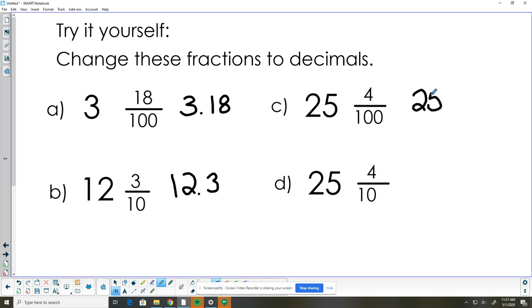Hundredths, I need 2 place values. 25 and 4 tenths. I have tenths. It's in the first place value. Similar, yet very different.